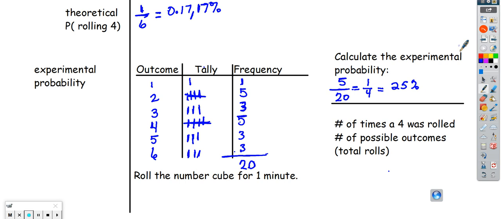So, theoretical and experimental probability are used to determine if a game is fair or unfair. There are games that are set up so that they're fair to both players, and there are games that are set up to be more fair to one player mathematically than another player.